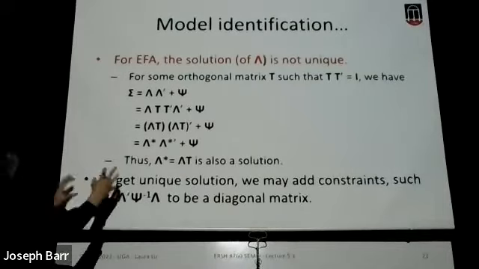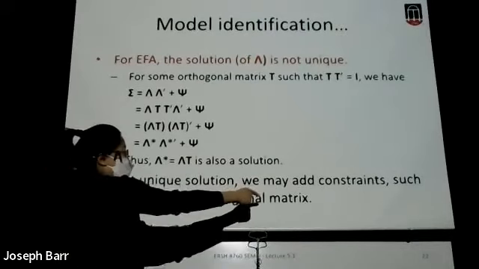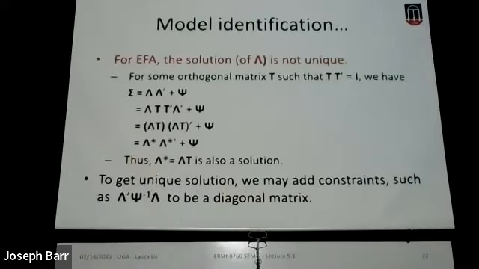Once we have this constraint, then the solution becomes unique. Of course, you can change the constraint, and this is just one of them. So it's model identification.